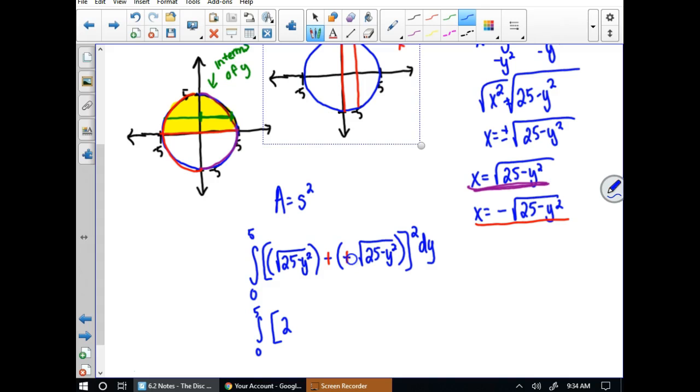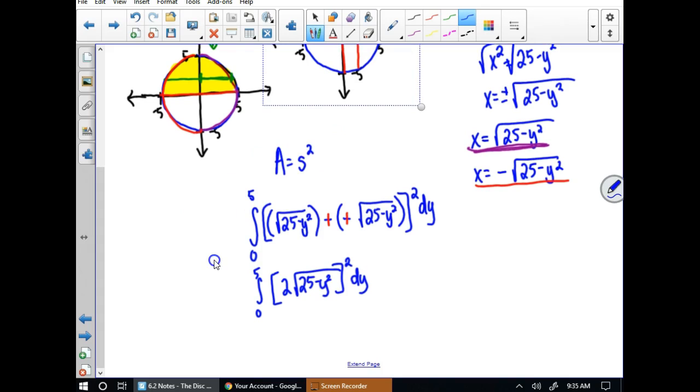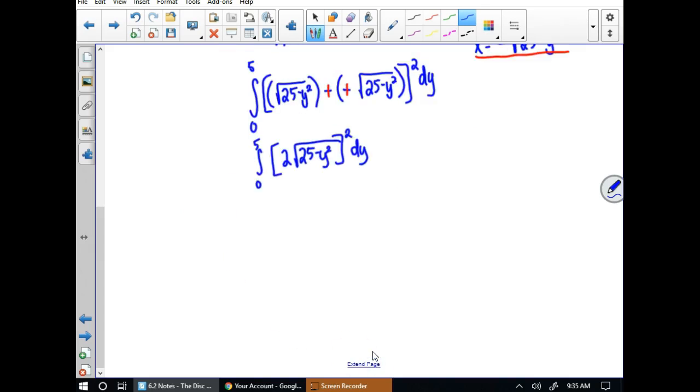So you'll get 2 square root of 25 minus y squared, dy. The squared right here is there because our equation is side squared. And so that is going to give you 4 times 25 minus y squared dy.